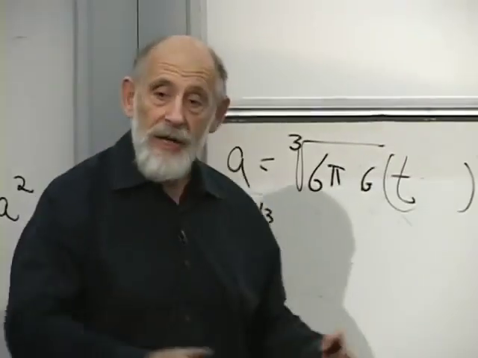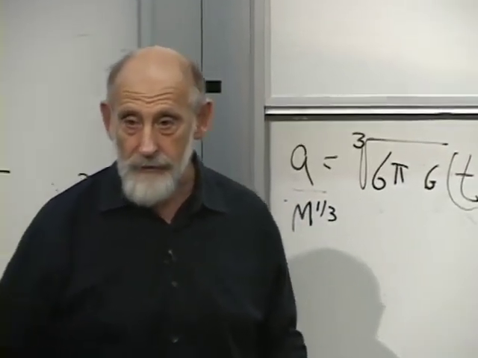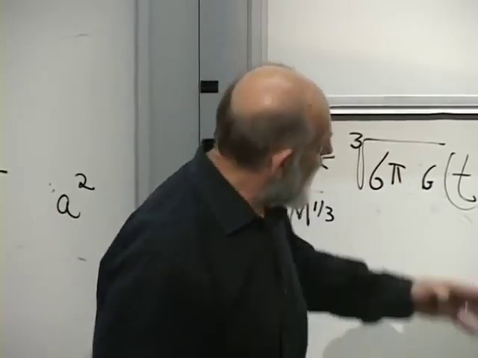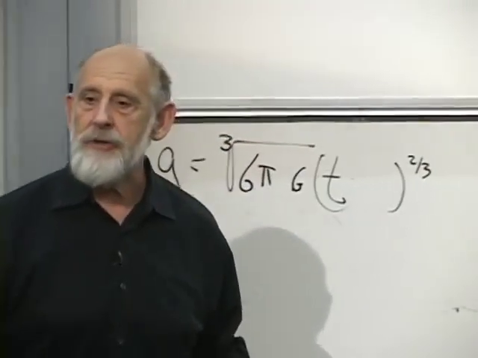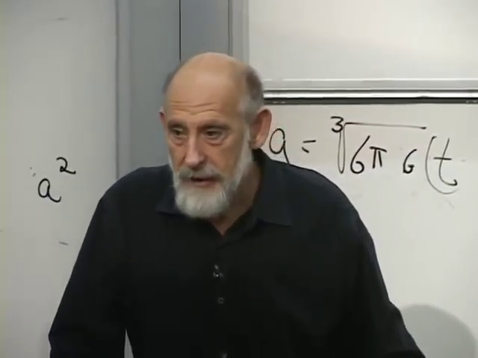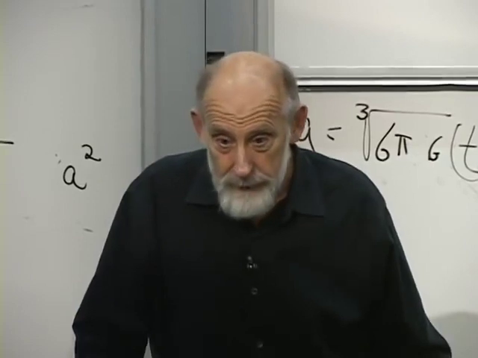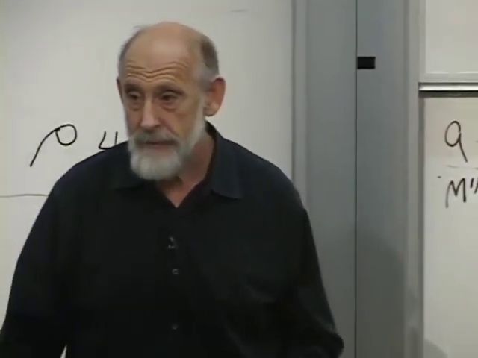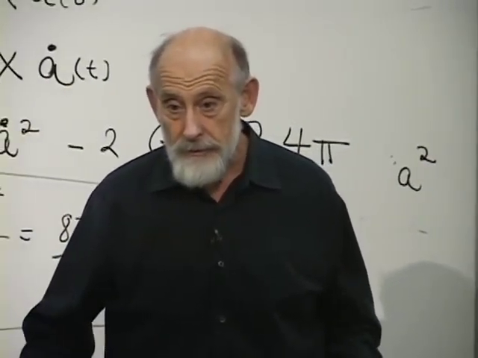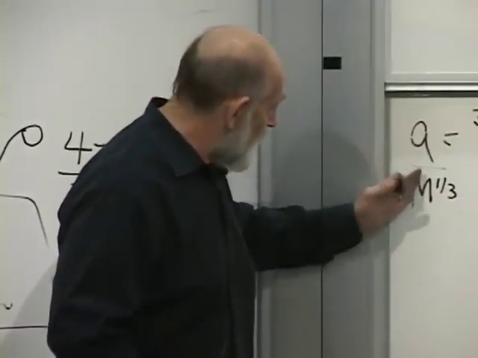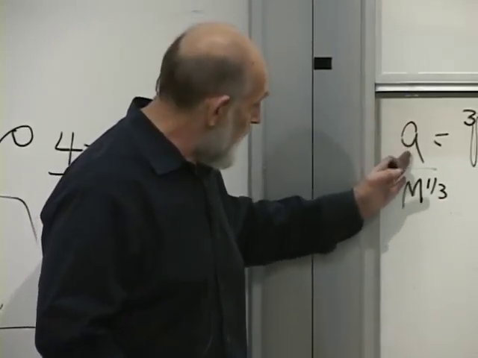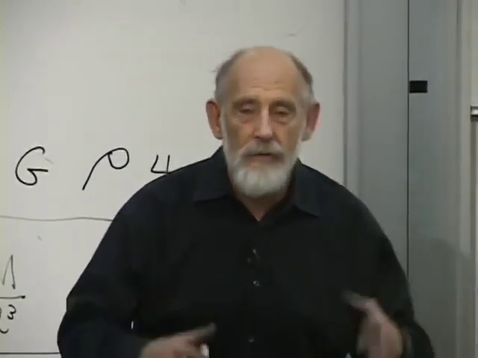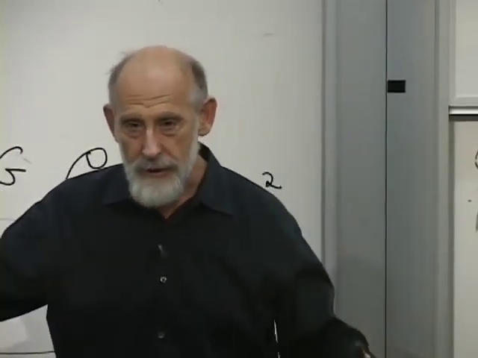Supposing I double the size of the box, let's call it the fiducial box. What happens to m inside it? It gets multiplied by 8, right? What happens to A divided by m to the 1/3? It doesn't change. So this is really the quantity which is independent of your choice of conventions for how you choose the grid.